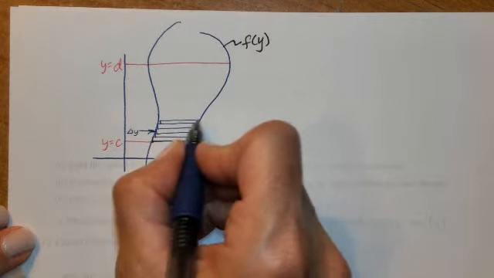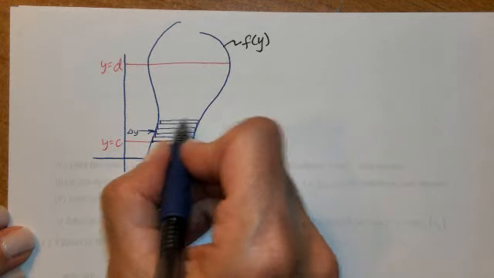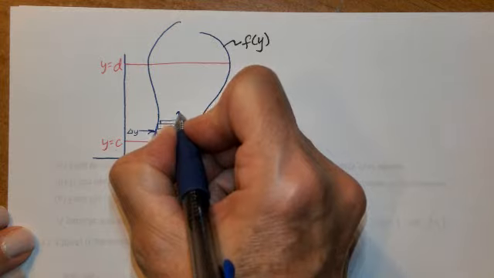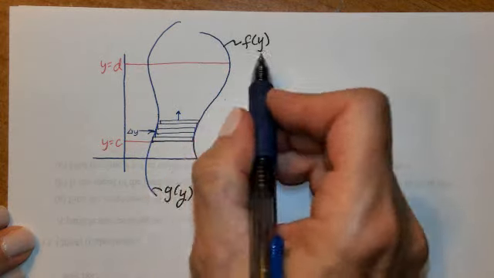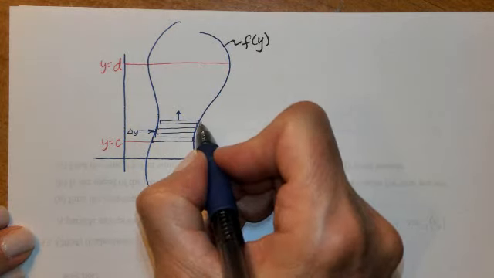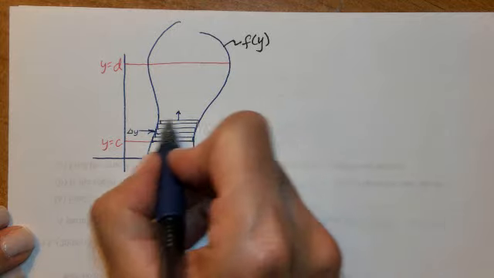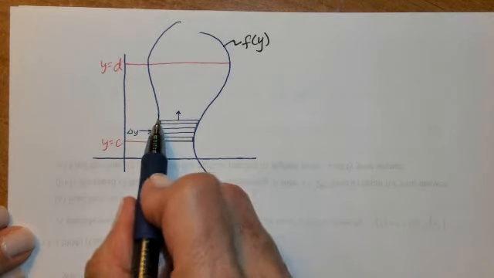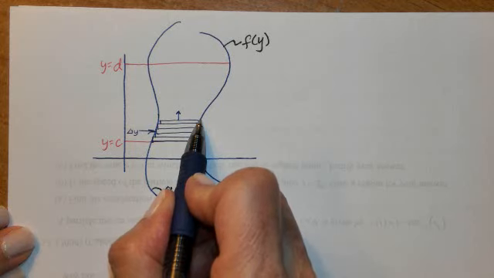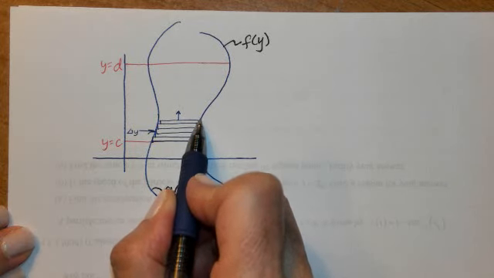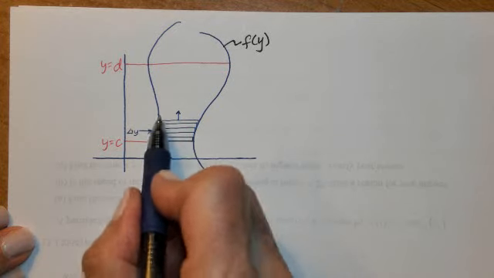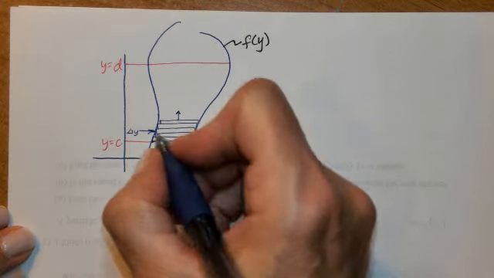Each height of the rectangle, what is each height of the rectangle? Think about this, what is this distance? Would you say this minus this? Would that be the distance? No, you would go to your larger curve minus your smaller curve. That would give you the length. Here's what I mean by that.